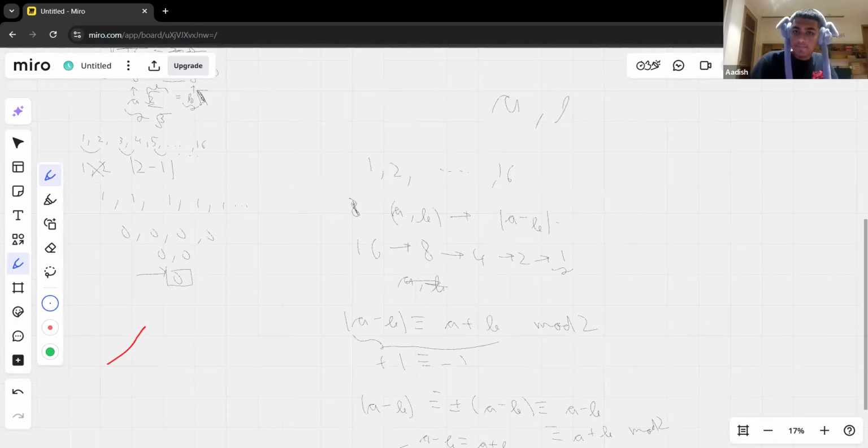Because if we have A and B, their sum is A plus B, and we replace it by A minus B, which is the same as A plus B mod 2. So in this entire process, the sum of the numbers does not change mod 2. Does everyone understand that? Does anyone have any questions?